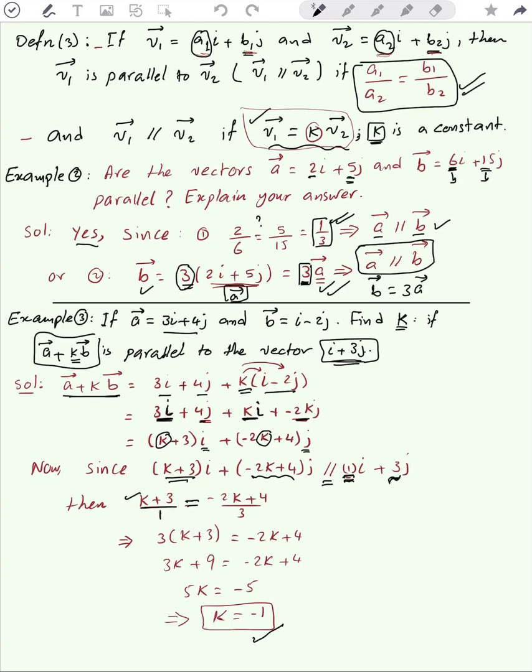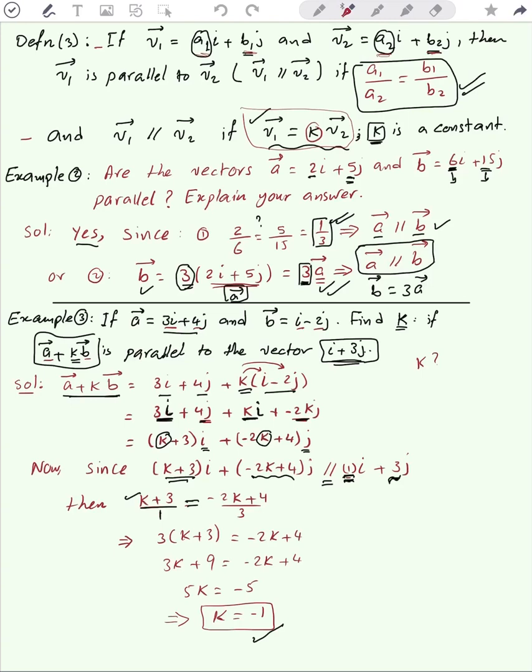You are given two vectors, A is 3i plus 4j, and the vector B is i minus 2j. Find k. He gives an expression in the question: the vector A plus k times the vector B is parallel to this vector i plus 3j. We want k.